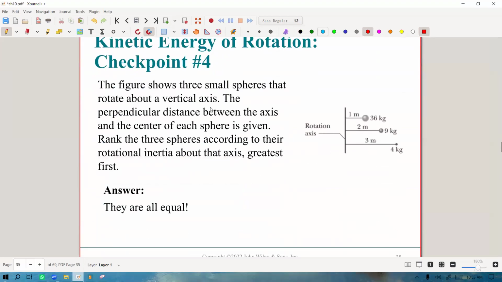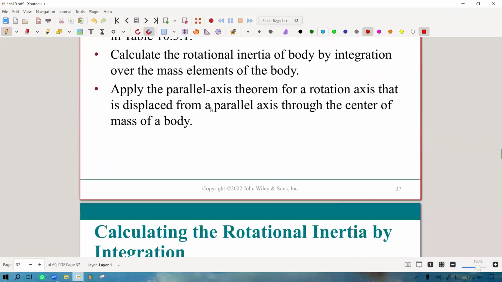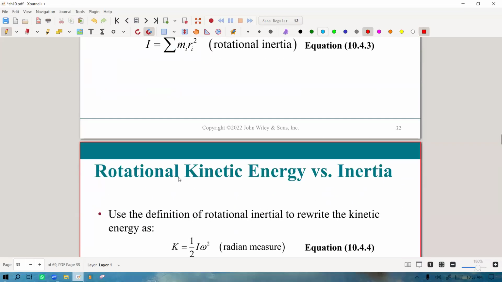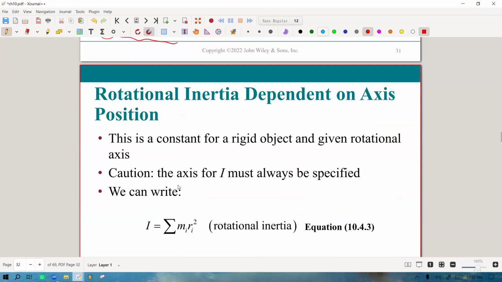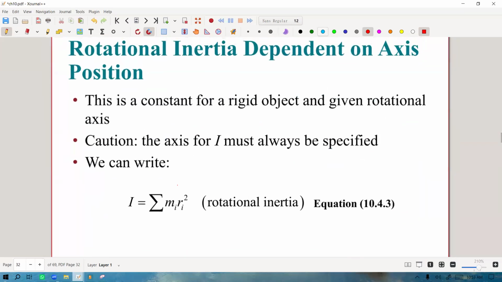Any questions for this one? So in general, we can say that rotational inertia depends on the axis position.